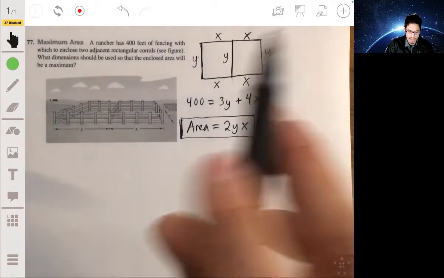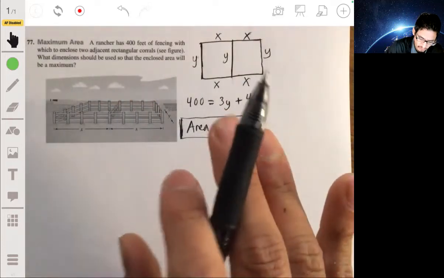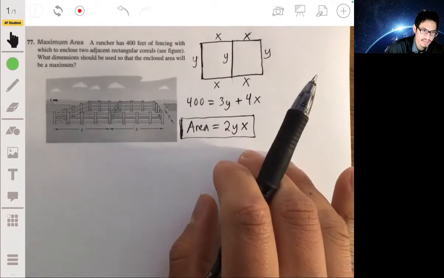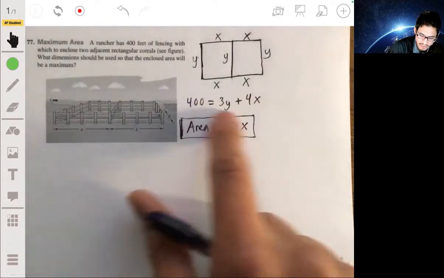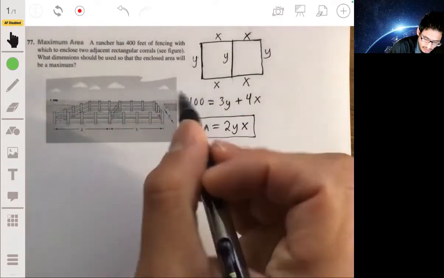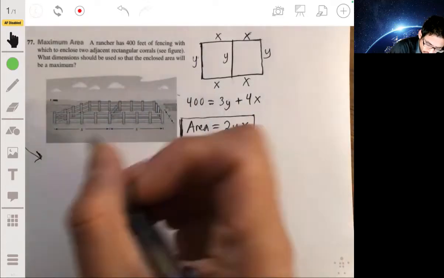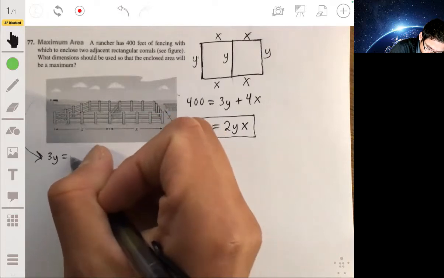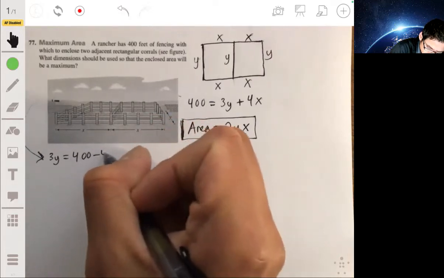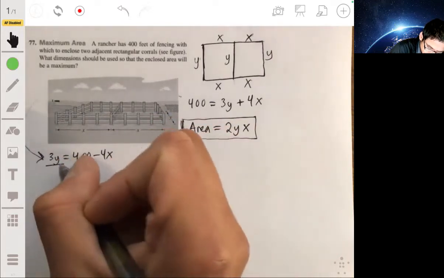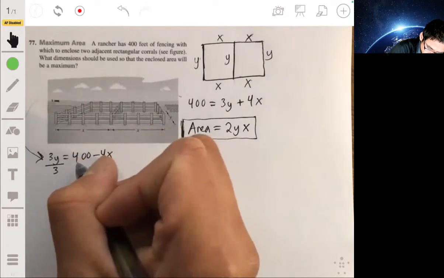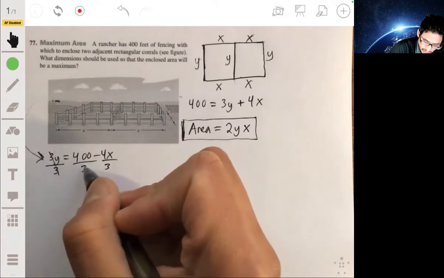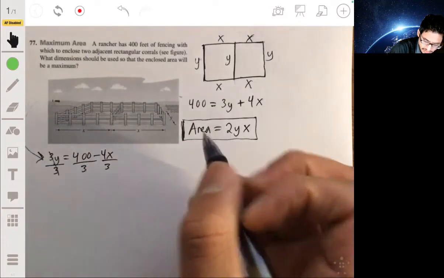But let's first start by solving for y in terms of x so that we can write this in terms of just x. We're going to use this equation and solve for y. So 3y equals 400 minus 4x. Divide everything by 3, and we get y equals 400 over 3 minus 4/3 x.